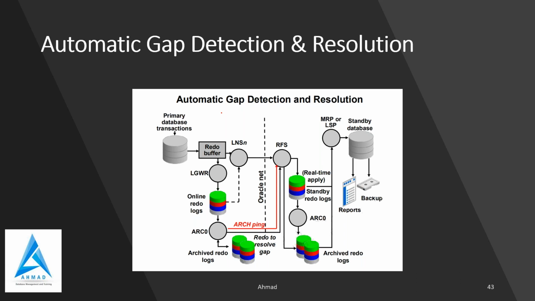It then automatically transmits the missing archive redo log files to the standby database using the ARCH process, so the standby is synchronized with the primary without manual intervention by the DBA. This is automatic detection and resolution in your standby.